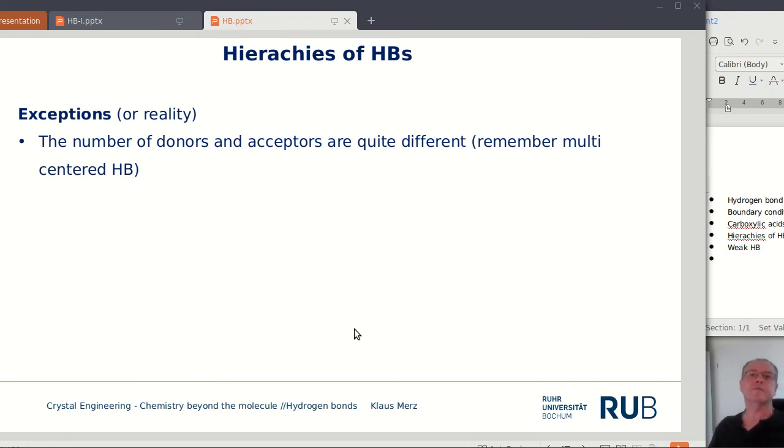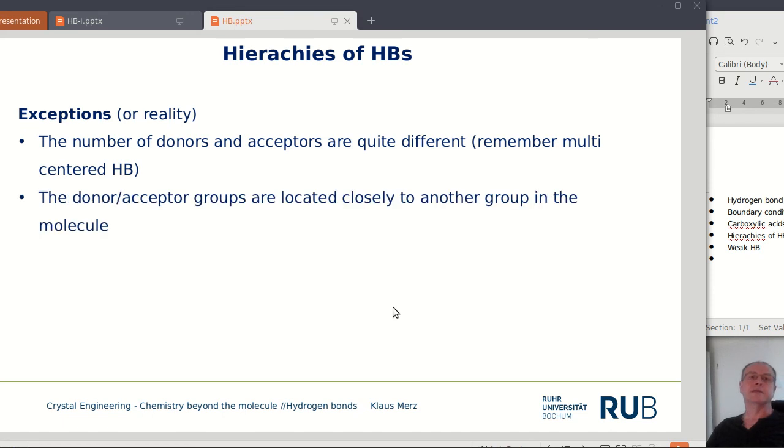If the numbers of donors and acceptors don't fit and are quite different, you will see very often multi-centered hydrogen bonds. You can see it, and once again, if there are competitive groups in the near environment, then the rule also does not fit really well.